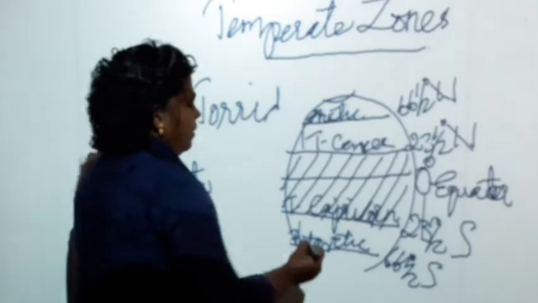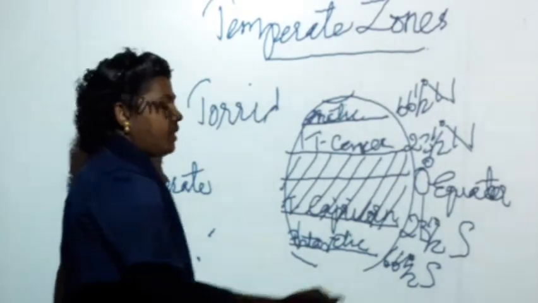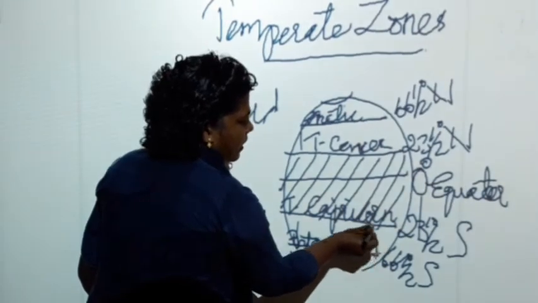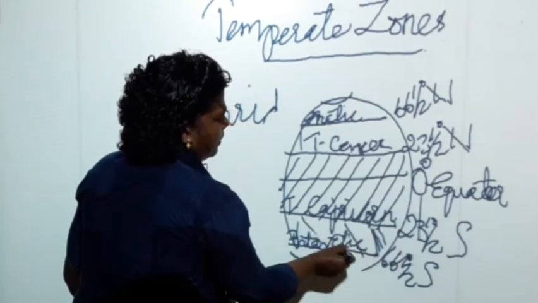This region gets slanting rays of the sun. This region receives the slanting rays of the sun.